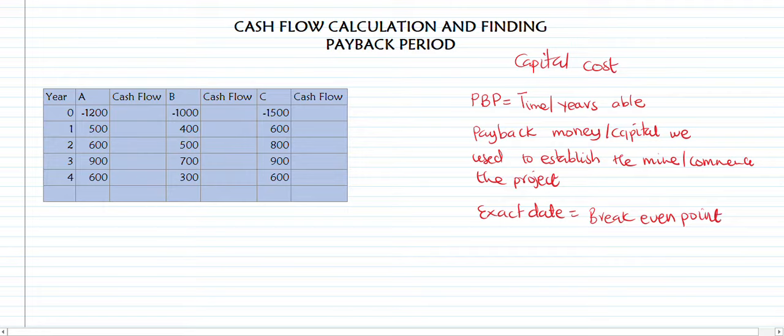You get it? So when we are going to venture into any business, we have our capital cost. That is the money that we are going to use to establish the business. And as we are running the business, we generate what we call revenue, right?